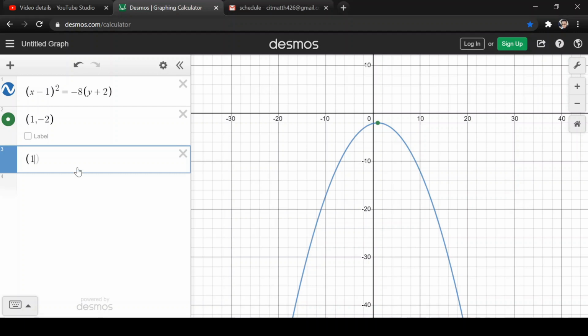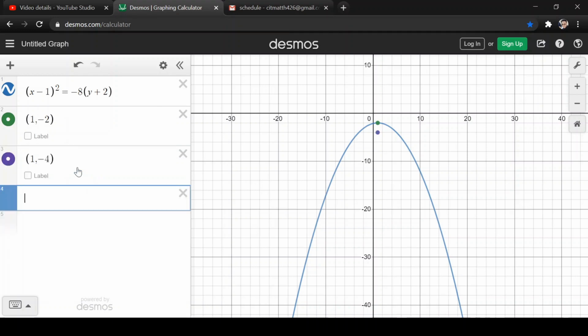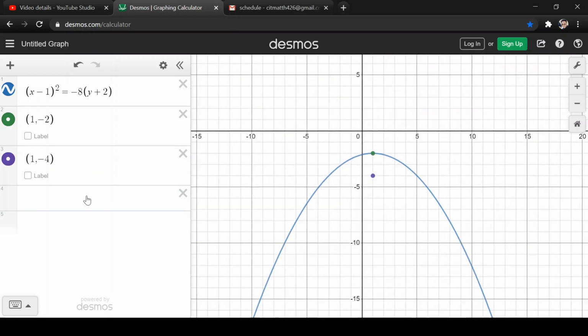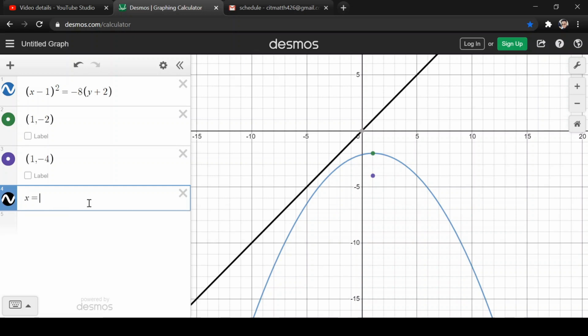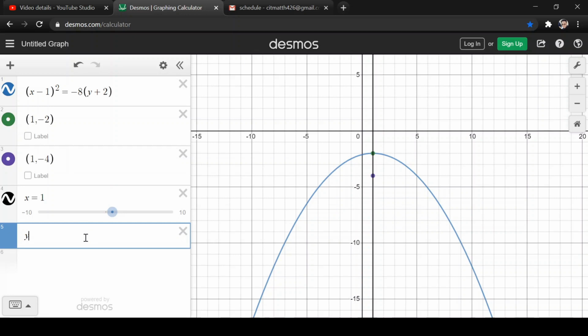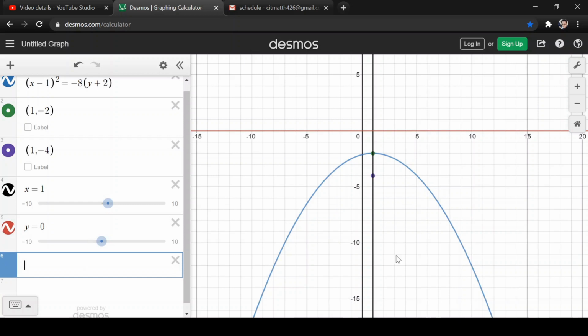The violet one is our focus. How about our vertical axis of symmetry, x equals 1? So that is our axis of symmetry. Our horizontal directrix is y equals 0. So that is our directrix, the red one.